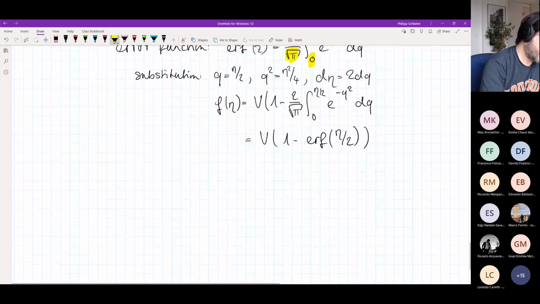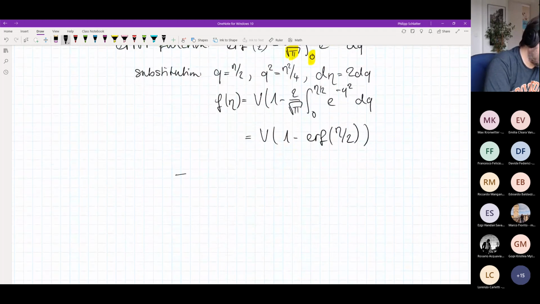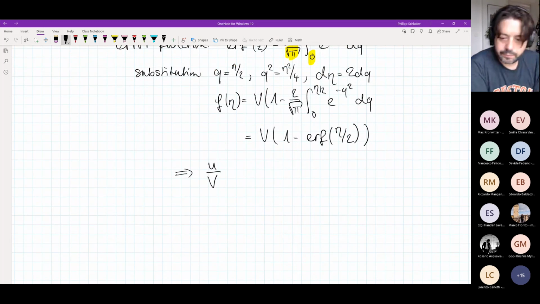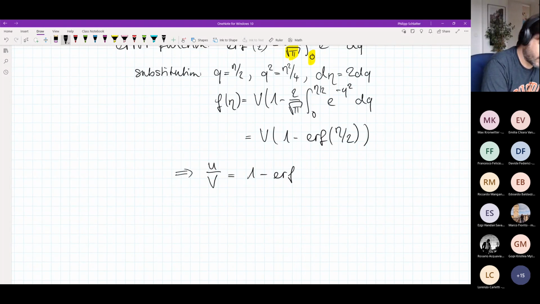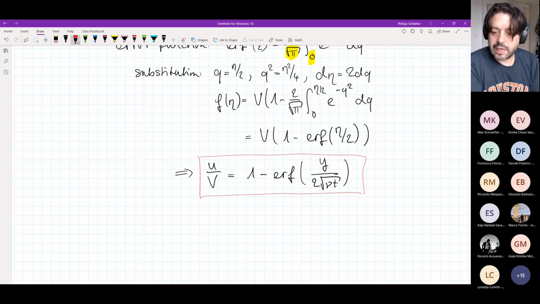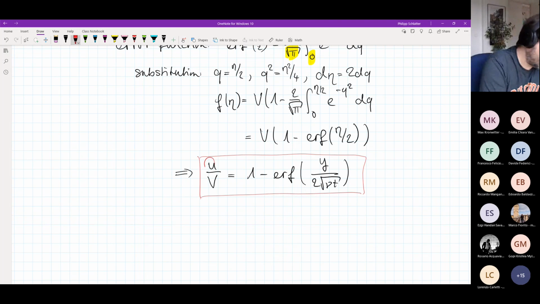We can now go back and write, and that's really the final result that I will write down: u divided by v, which is the non-dimensional velocity, is 1 minus the error function of eta divided by 2, and eta divided by 2, of course, is y divided by 2 times the square root of nu times t. So this here is now not our similarity solution anymore. This is our real solution in terms of u, y, nu, and t.